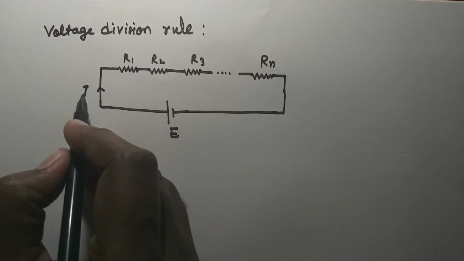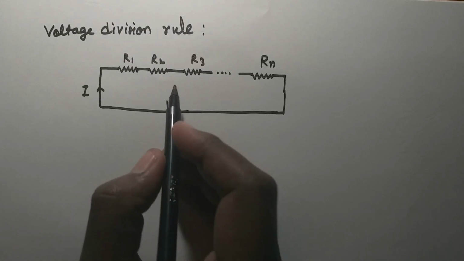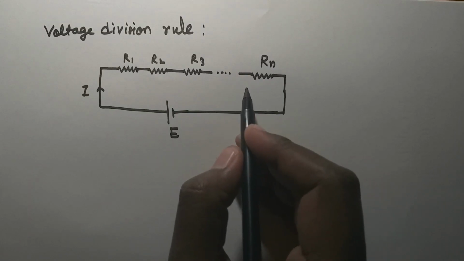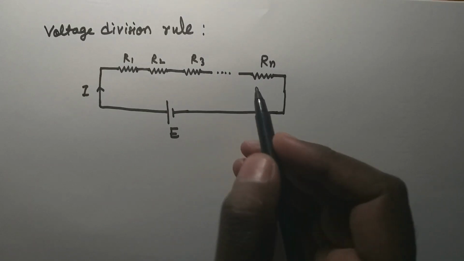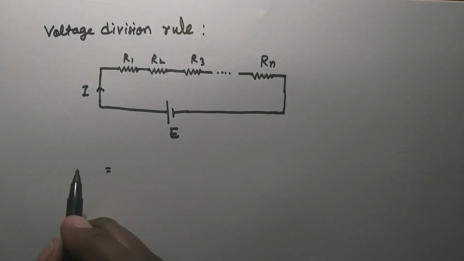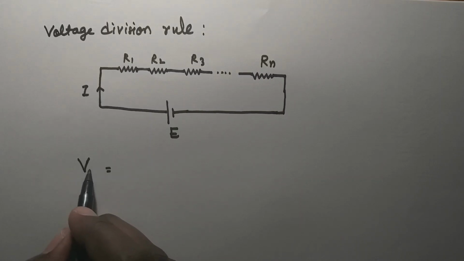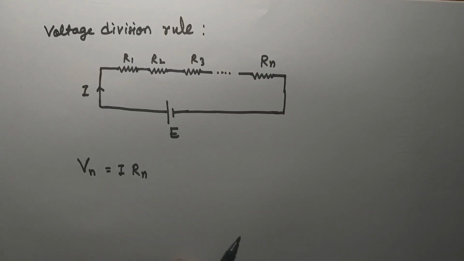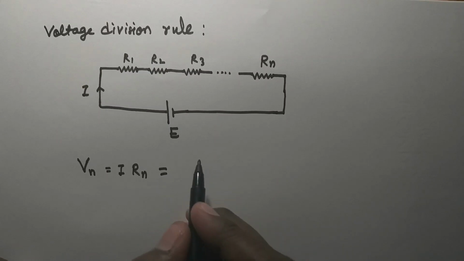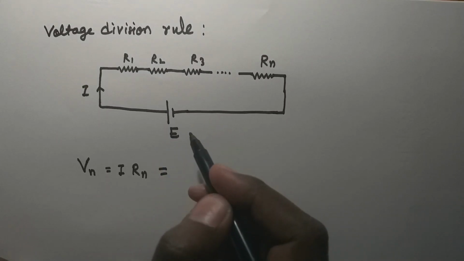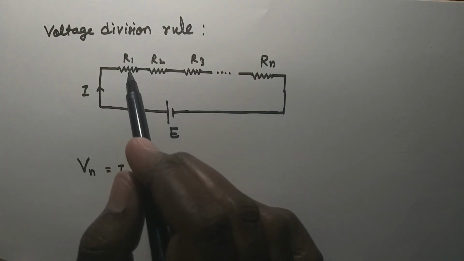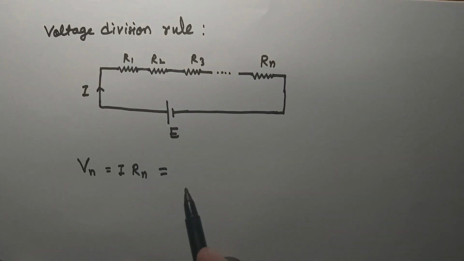So if the circuit current is I, then we can find the voltage across any of these resistances. So the voltage across this resistance Rn, if we call it Vn, will be equal to I into Rn, and I will be equal to the EMF of this battery divided by the sum of all these resistances, because all resistances are in series.